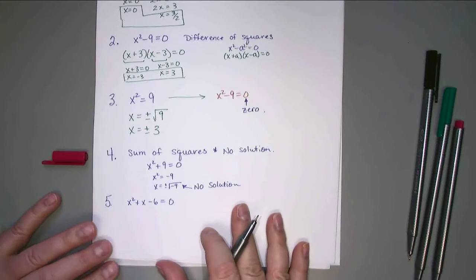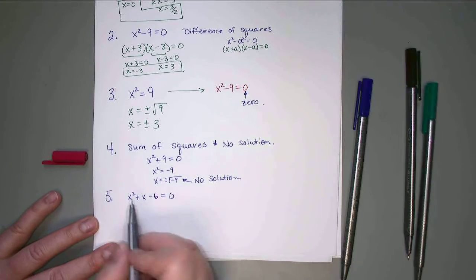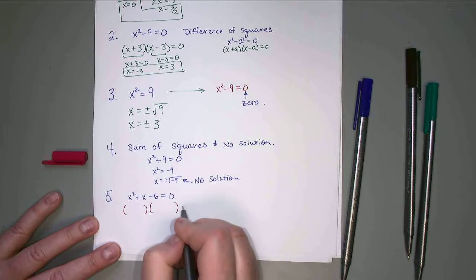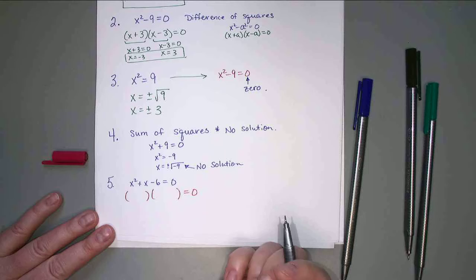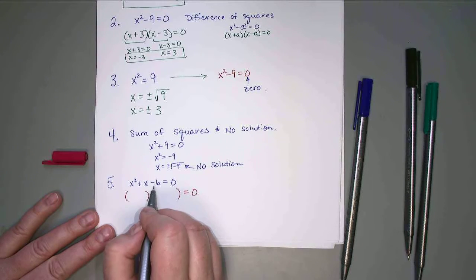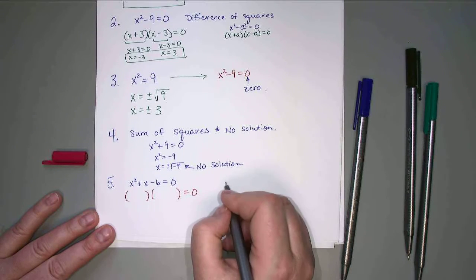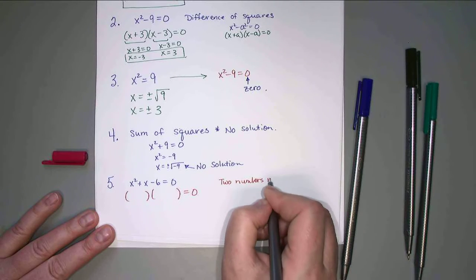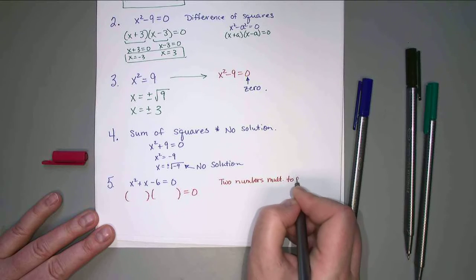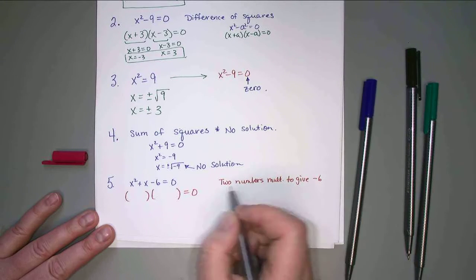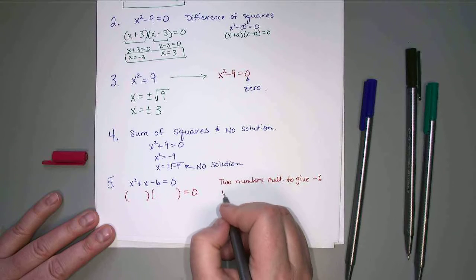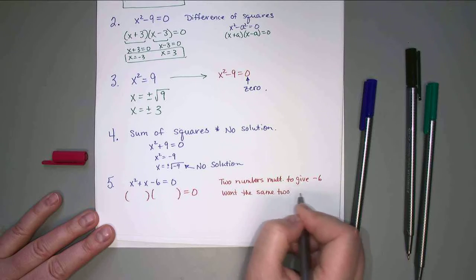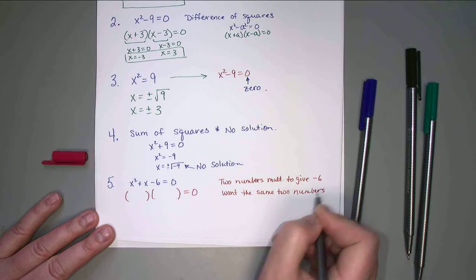Okay, so here's the trinomial. So if you remember how to do this, this is when there's an x squared, an x, and then a number. And they don't always factor. I'll show you the second example that doesn't factor. This one will. So we want two numbers that multiply to give negative 6, and because that's a negative, we want the same two numbers to subtract.